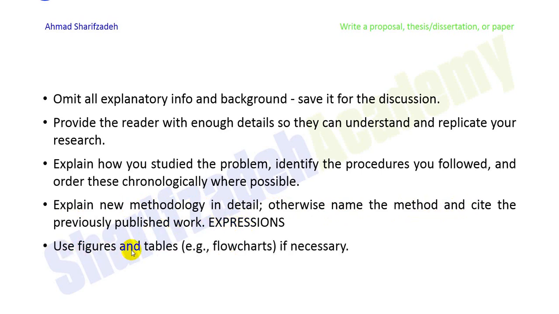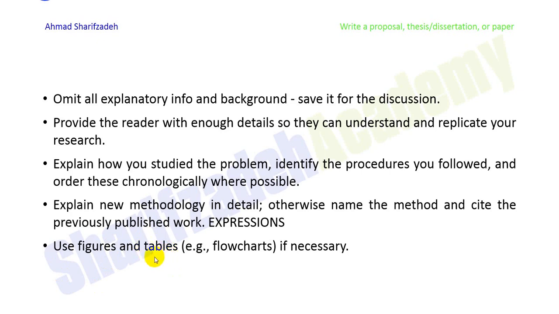Use figures and tables. For example, you want to show the distribution of the sample. As I said, in some cases you have some participants and you want to show demographic info. For example, how many of them are bachelors, how many are master's graduates, and how many are PhD graduates.